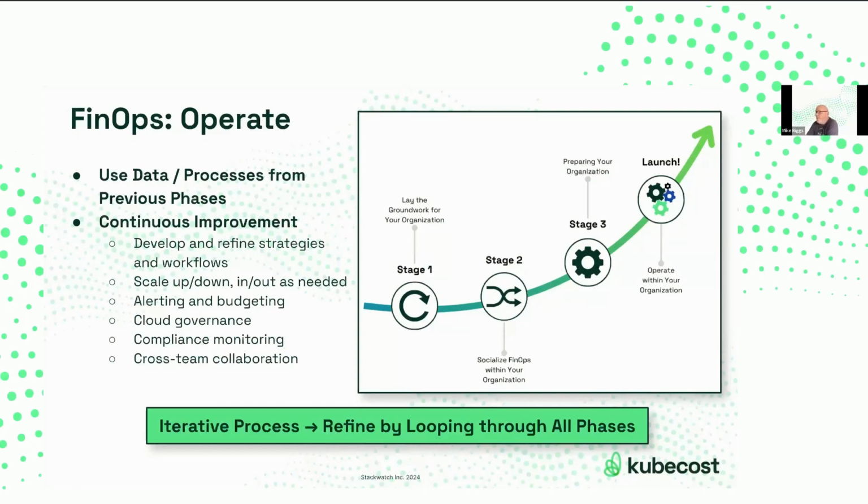Then we want to put this in an operational process. So again, we're using data and processes from the previous phases. This is going to be a continuous, iterative type of activity. So we're going to develop and refine strategies and workflows.